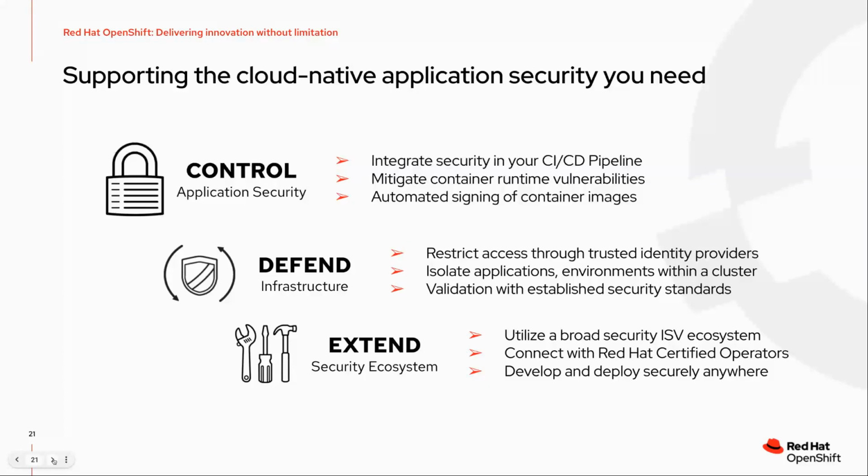And we're also at Red Hat leveraging our broad ISV ecosystem by certifying technologies that will be deployed autonomously with operators so that you can have the freedom of choice to develop and deploy securely anywhere.